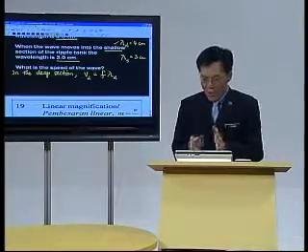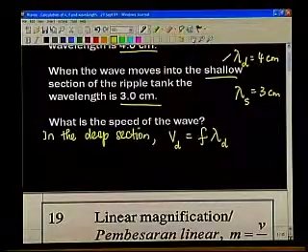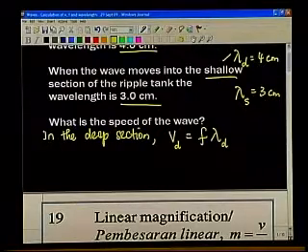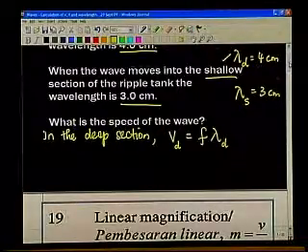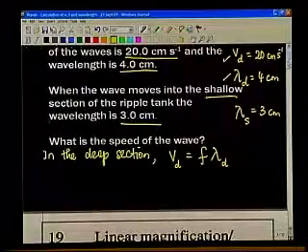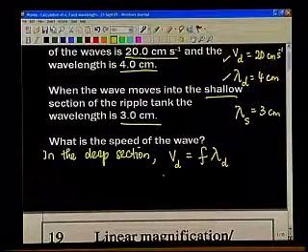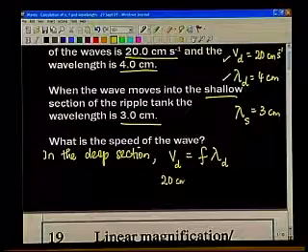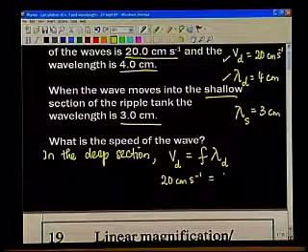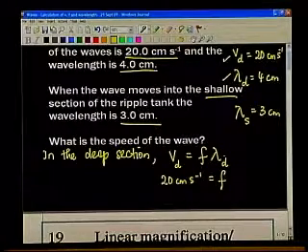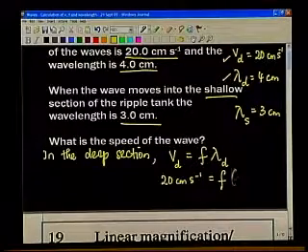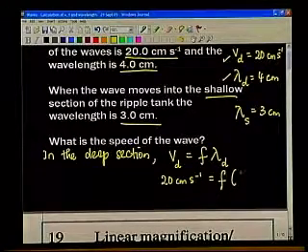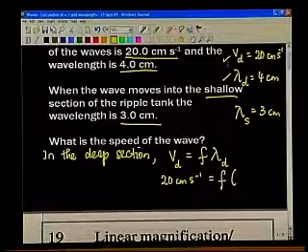Good. So now what I do is, from this first equation, I will work out the value for F. Alright, what is V D? 20 centimeter per second equals frequency multiplied by lambda D. Lambda D is 4 centimeters, the wavelength in the deep section.